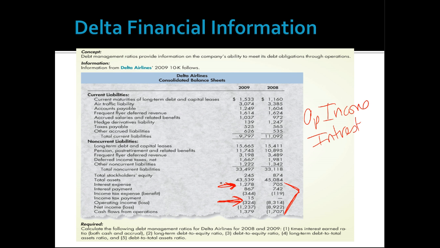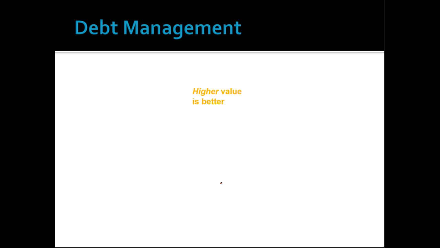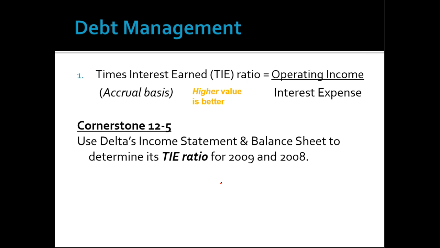Because if I took negative 324 into my calculator and then I divided by 1278, wow, I come up with a number far less than 1. And remember, a high value is much better. Yes, I come up with a negative 0.25.